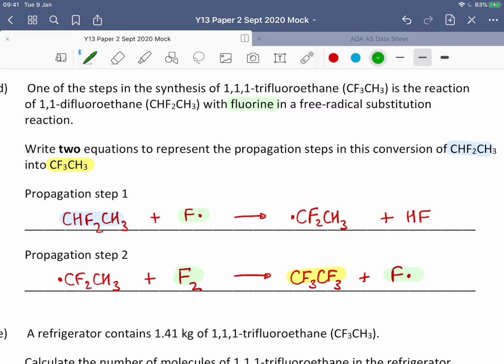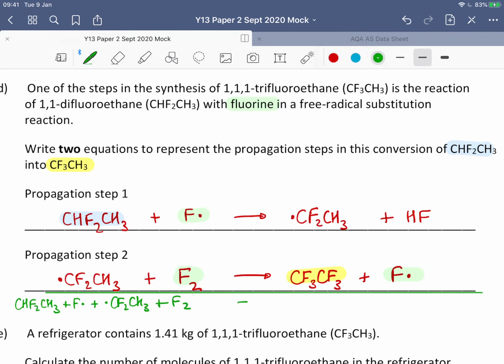Let's do what I did earlier on, where I added them, because I just want to show you that this is a consistent thing here. So I'm going to add the 2 equations together. CHF2CH3 plus F dot, plus CF2CH3 plus F2.